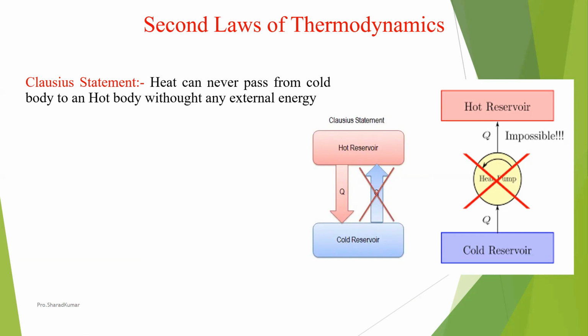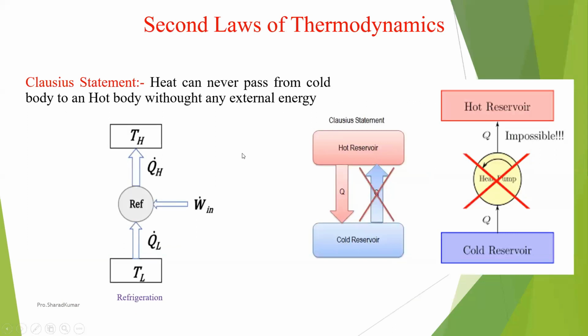But when you apply external energy, we can transfer heat from a low temperature body to a high temperature body. The best example is refrigeration. In refrigeration, we extract heat from the low temperature and send it to the high temperature by using some external energy.